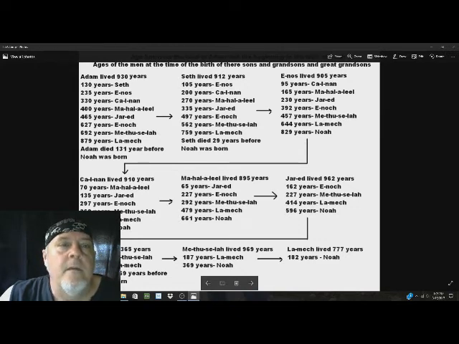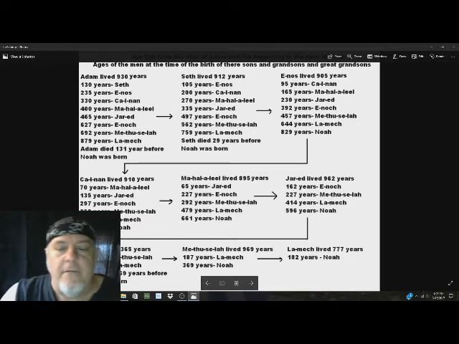So right here in this time frame, we could find out that when we do these dates of how old these men were when they were born and their firstborn was born, and so forth, actually Adam, from the beginning, died 131 years before Noah was born. And we also find out that Seth, which is Adam's son, died 29 years before Noah was born. And then we can go on and on.